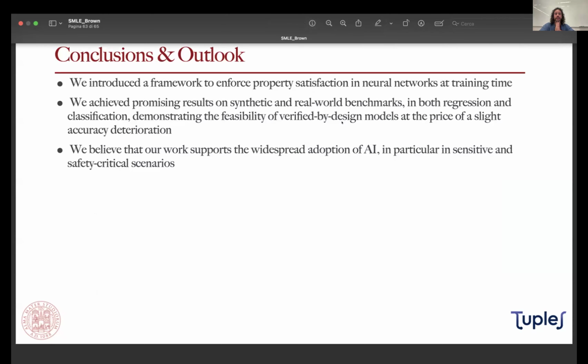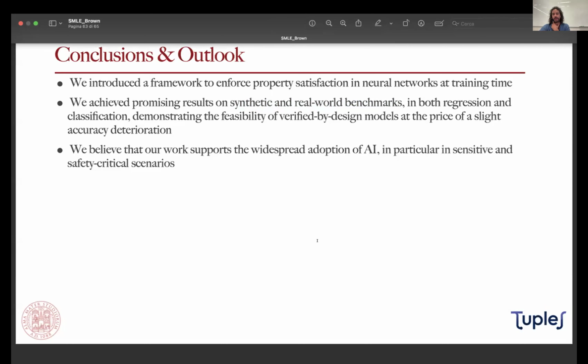And let's go to the conclusions. So we introduce a framework to enforce the satisfaction of properties at training time in neural networks. We have achieved good results on synthetic and real-world benchmarks, in particular in regression and classification, which shows, let's say, the possibility of indeed producing verified-by-design models only at the price of a slight accuracy deterioration.